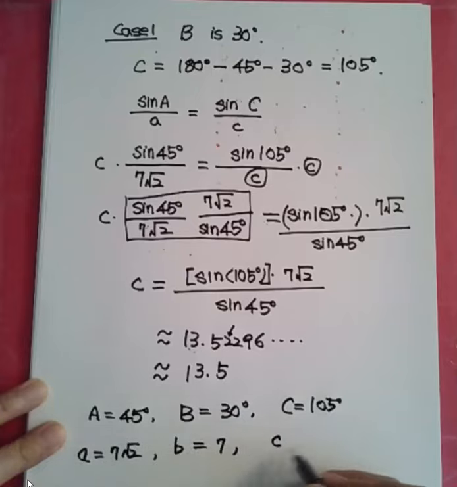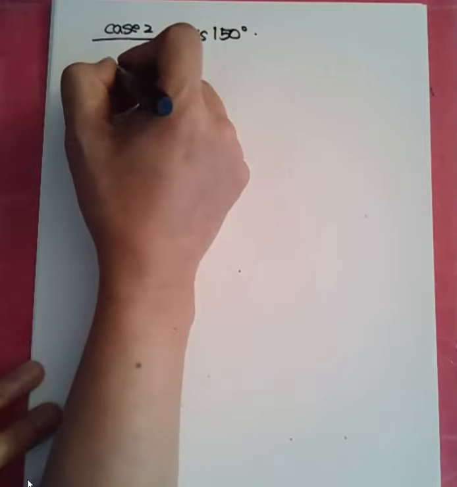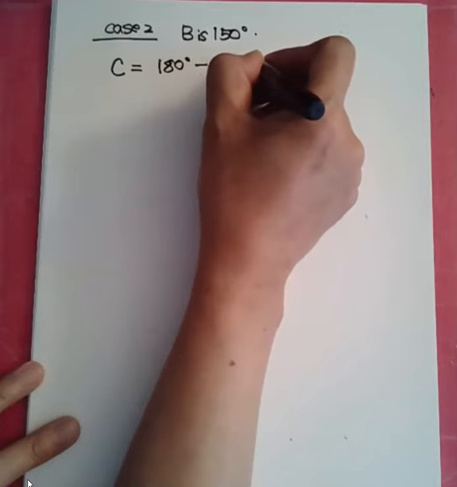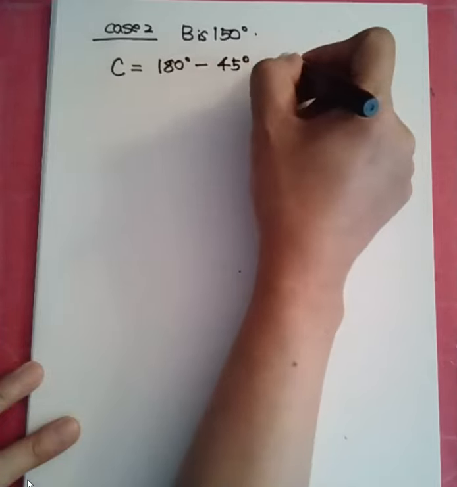In the second case, the angle B is 150 degrees. What we did in the previous case was we calculate the angle C. So what you have to do is think about 180 degrees minus angle A minus angle B, which is 150 degrees.